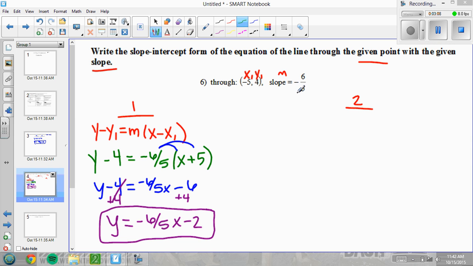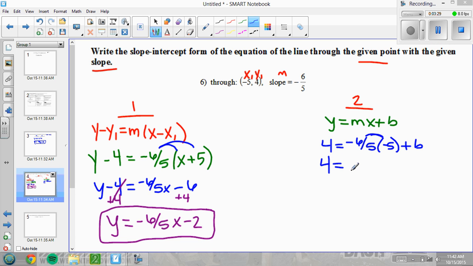If you wanted to use slope-intercept, remember we have y equals mx plus b. We know x and y, so 4 equals, my slope is negative 6/5, x is negative 5. If we multiply these together, we get a positive 6 plus b. Now to get b by itself, we subtract 6, and b equals negative 2.